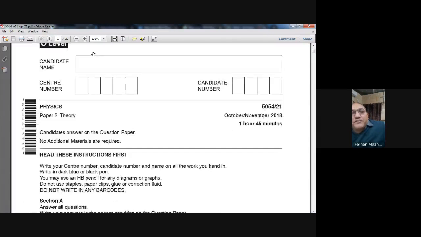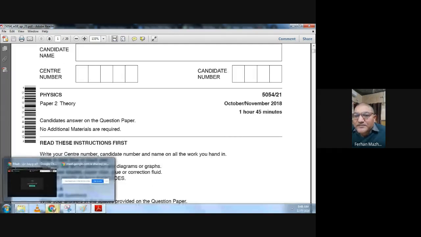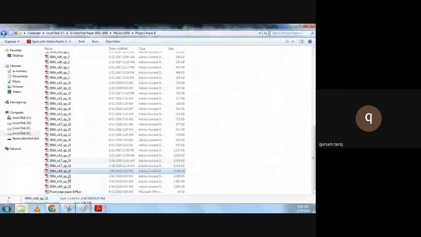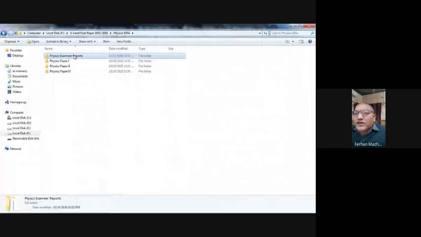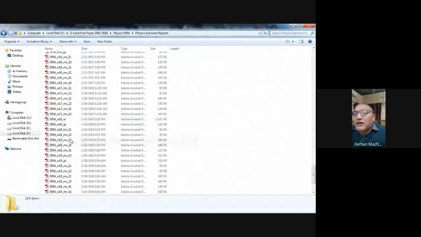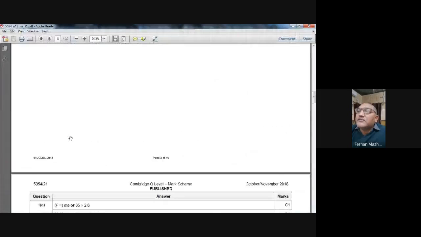If you are ready, open this paper in your booklets, October, November 2018 2-1. Opened? Okay. We will be working on its section B. I'm opening its marking scheme also.